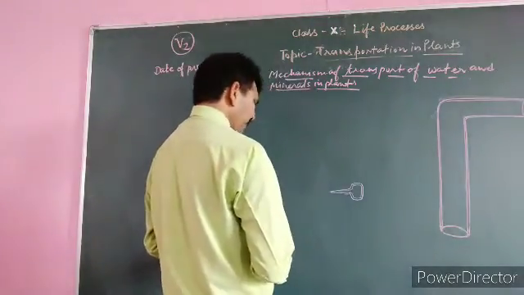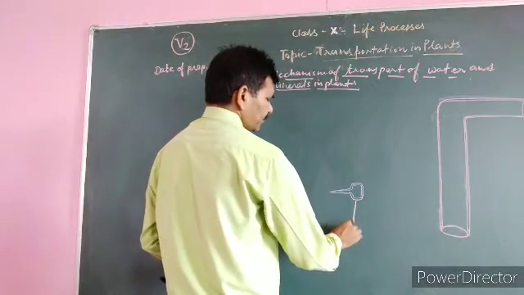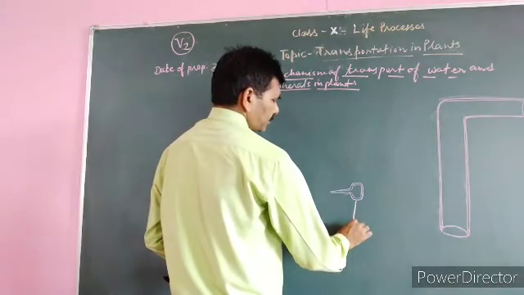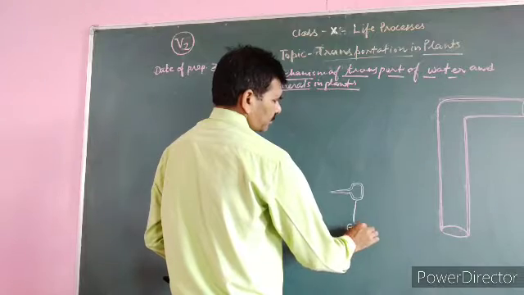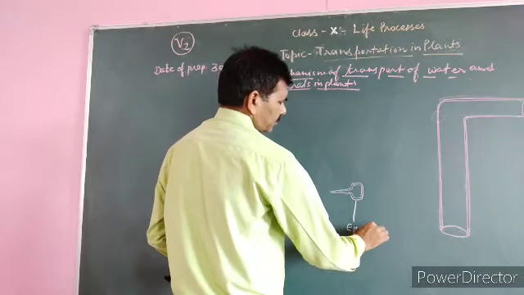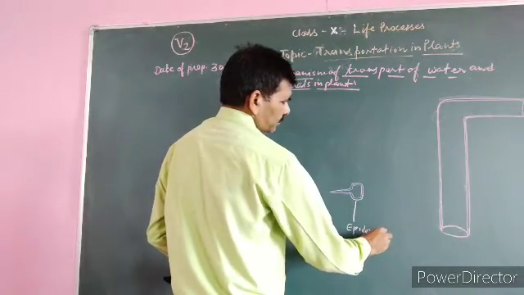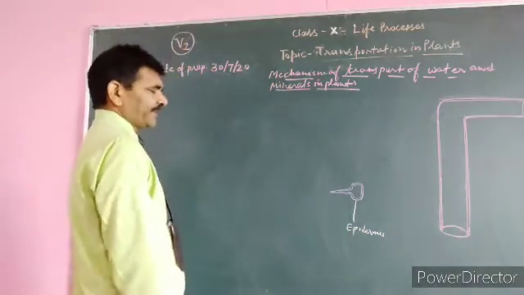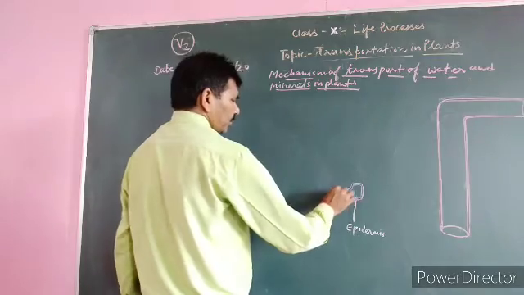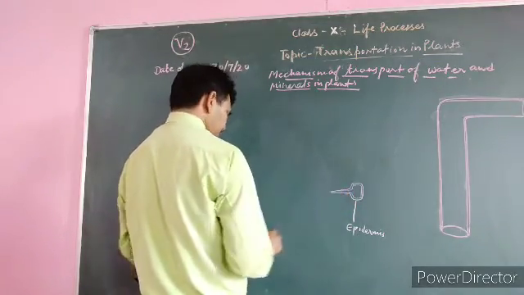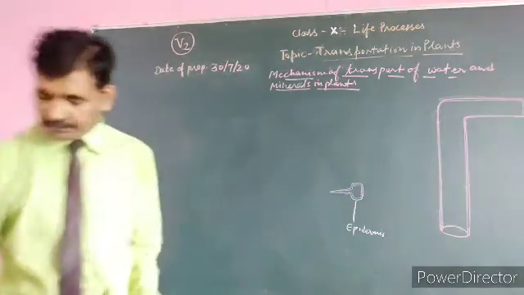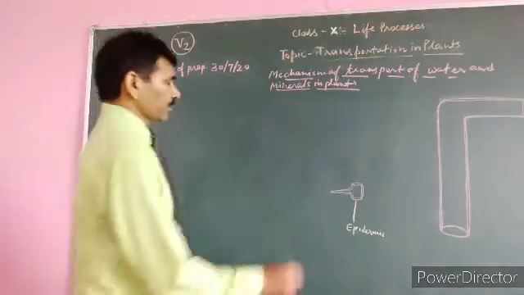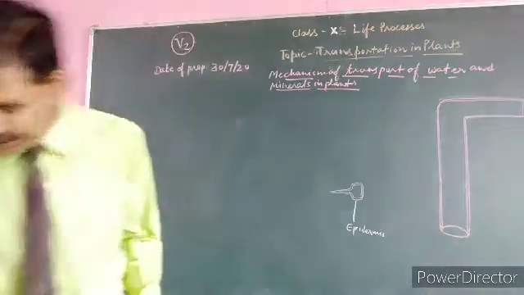Cells of epidermis have extensions called root hair. Root hairs remain in contact with soil particles.